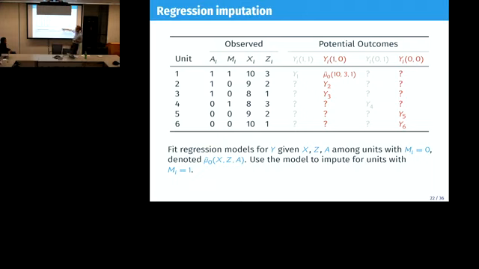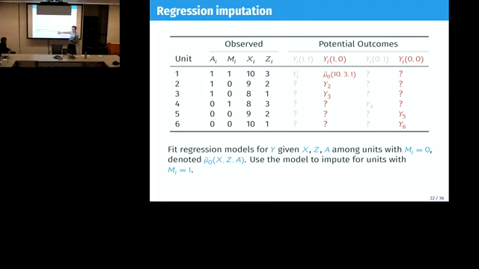Then you would develop a regression model, get predicted values for this particular unit, and fill that in. If you did that for all these different values and took the difference in means, that would get you an estimate of the average controlled effect.